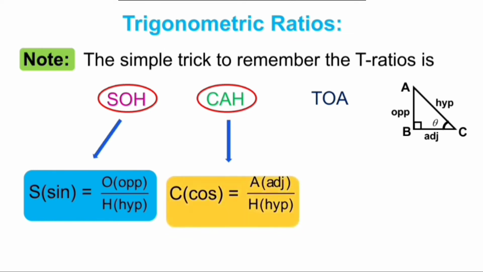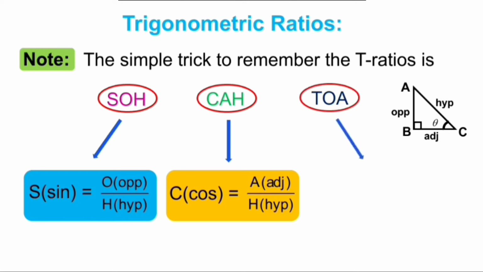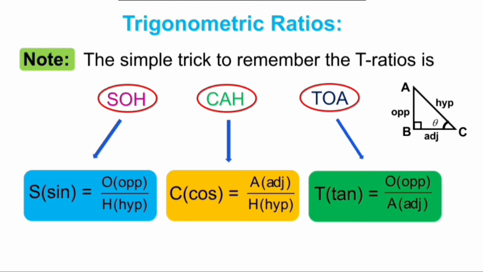Finally, cos is equal to adjacent by hypotenuse. Next, TOA: here T stands for tan, O stands for opposite and A stands for adjacent. Finally, tan is equal to opposite by adjacent.